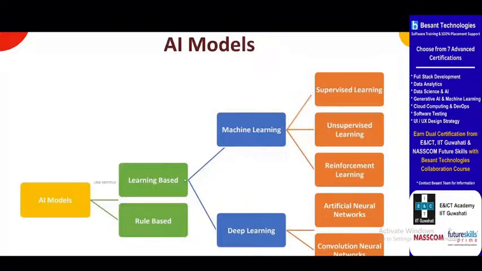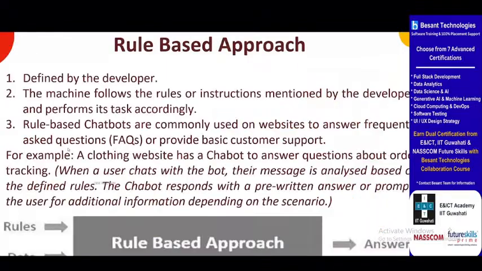And the second one is deep learning. Deep learning works with neural networks, as we know. Now machine learning has three types: supervised, unsupervised, and reinforcement learning. All these three types of machine learning models work with all the algorithms. And we have also seen CNN and ANN.